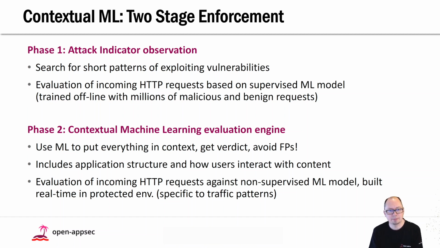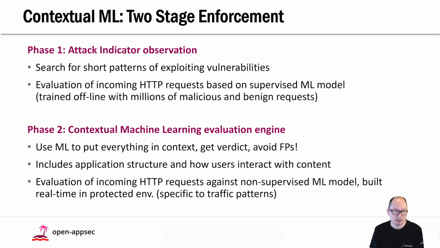They have been generated by evaluating millions and millions of malicious and benign HTTP requests with a supervised machine learning model, first to come up with the specific indicators, and for every indicator to get a score that represents the likelihood of this indicator being part of a malicious request or exploit or not.